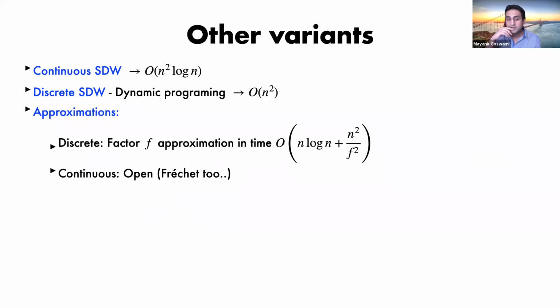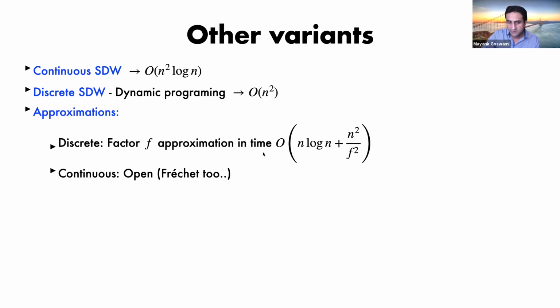We can talk about approximations. Here, a factor F approximation means giving a traversal where red and blue maintain a distance at least F times that of the true social distancing width. For Fréchet also, there were similar approximation algorithms, and we can extend them to the social distancing settings.